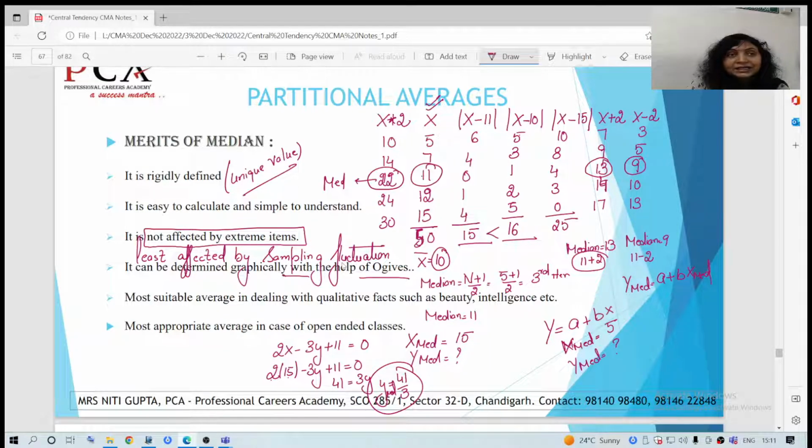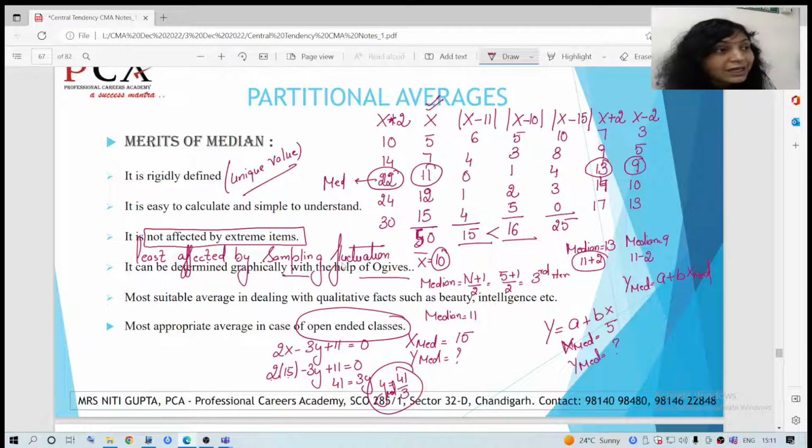Median is simple to understand and easy to calculate, and the most important merit is median can be calculated in case of open-end classes. Open-end classes are the classes in which the first class lower limit is missing or the last class upper limit is missing. Whenever we compute mathematical average, it's not possible to compute it in case of open-end series.